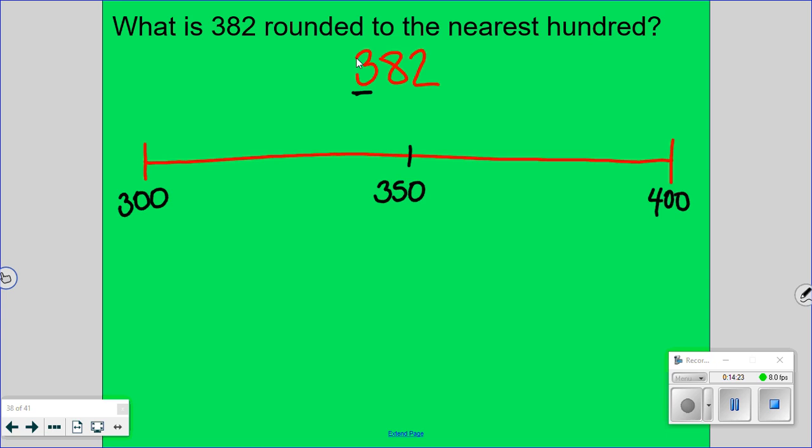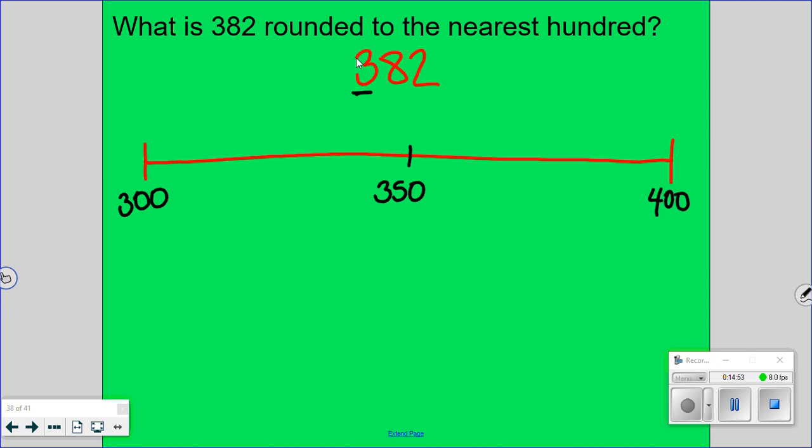But how do you know it? Prove it to me. Lydia? Because it's the same number of numbers on each side. How many numbers are over here? 50. How many numbers are over here? 50. So that's the middle. Just like we were doing our number balances earlier, it's balanced. We have 50 on each side.